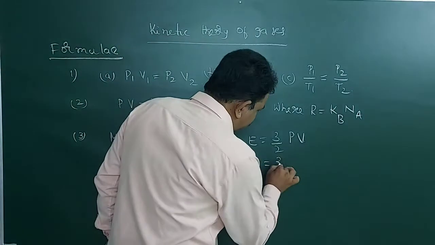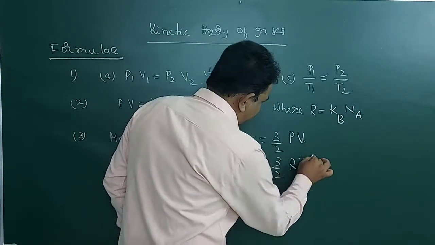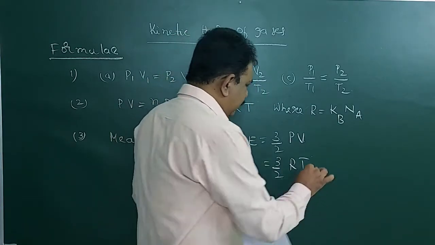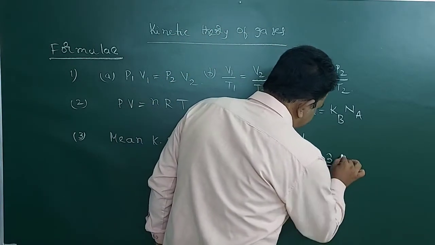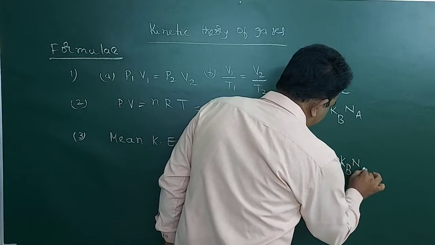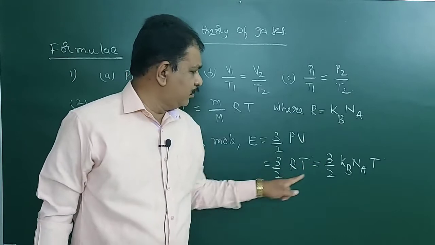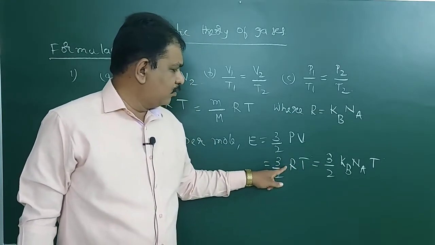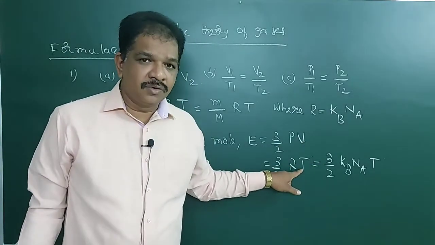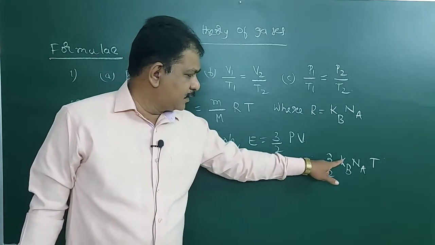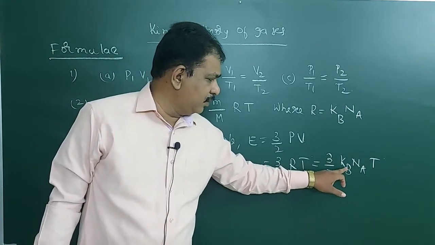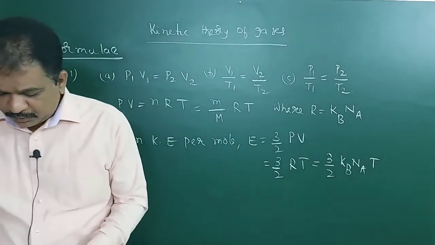This is equal to 3 by 2 RT. This is 3 by 2 Kb Na into T. Here R is equal to Kb into Na. For 1 mole of the gas, PV is equal to RT, so 3 by 2 Kb Na into T.